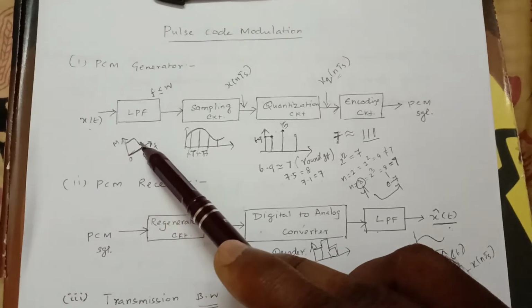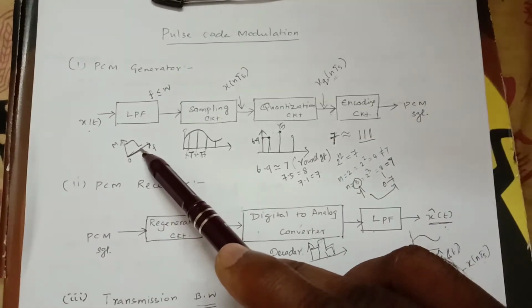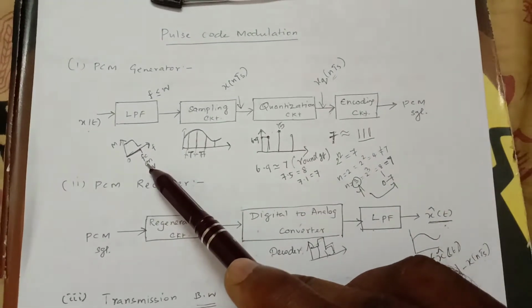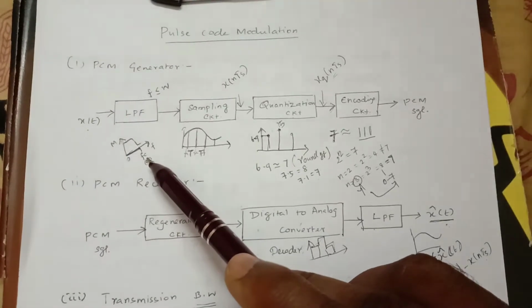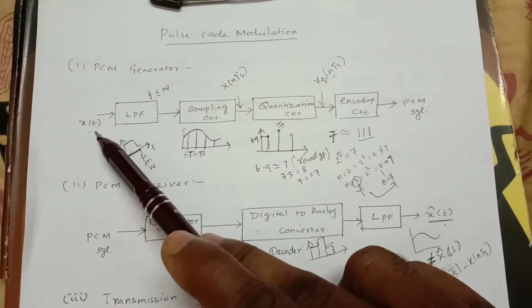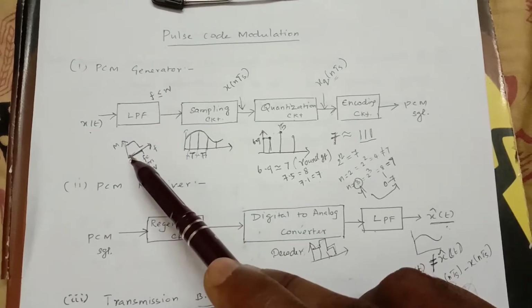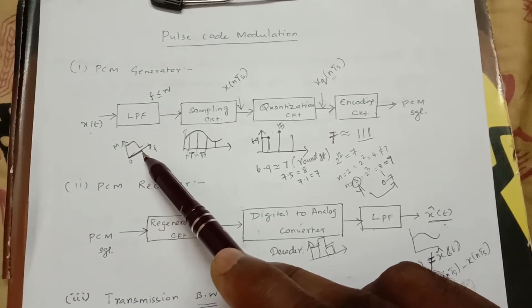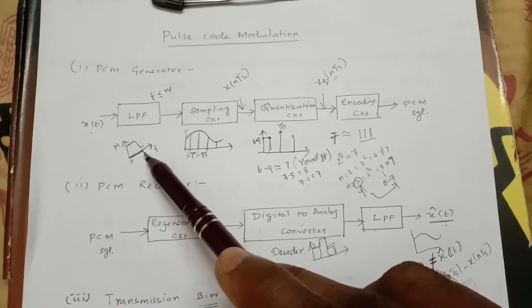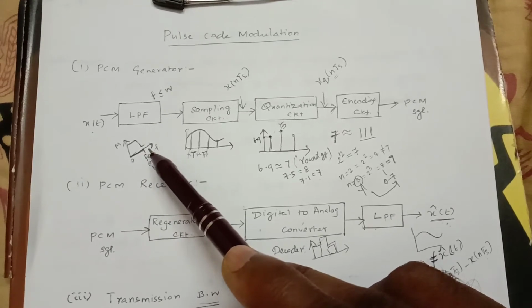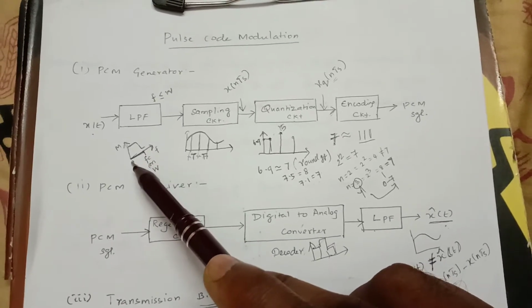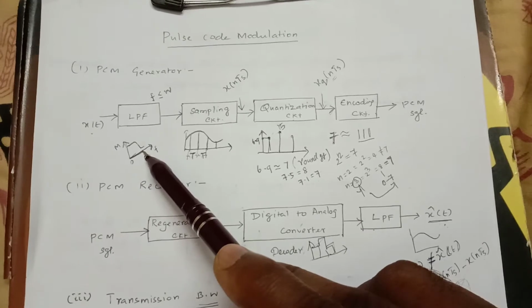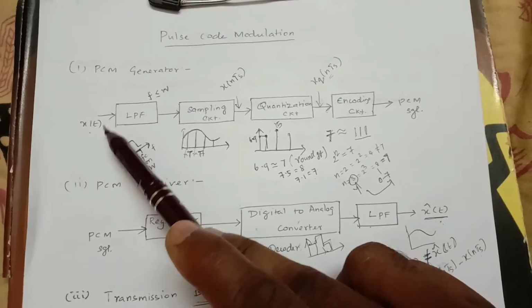This point indicates the cutoff frequency denoted as Fc. Whatever frequency we apply to the low pass filter, it allows up to this cutoff frequency, and after the cutoff frequency it does not allow. It means from 0 to Fc, it allows the frequency.